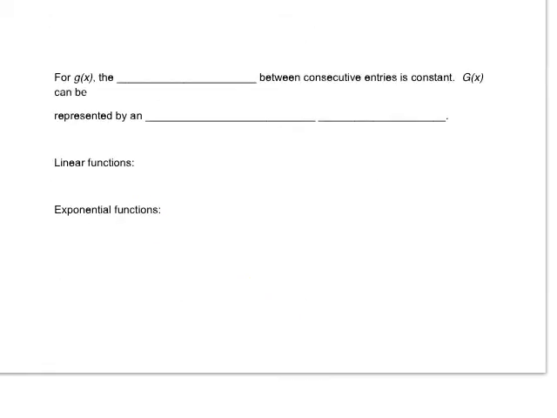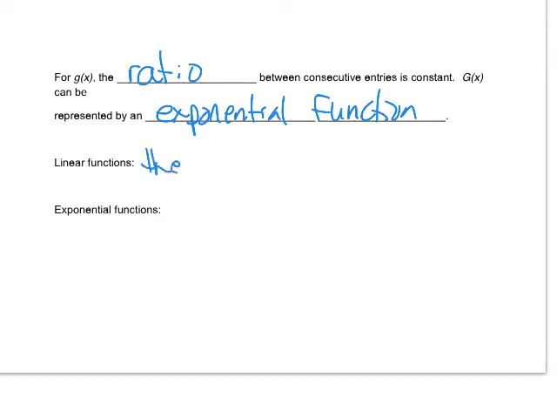So for g of x, like I just said, the ratio between consecutive entries is constant. So g of x can be represented by an exponential function, because the values are increasing exponentially as opposed to linearly. So linear functions are kind of like arithmetic sequences and series. The difference between consecutive values is constant.